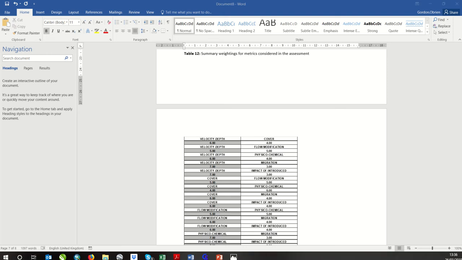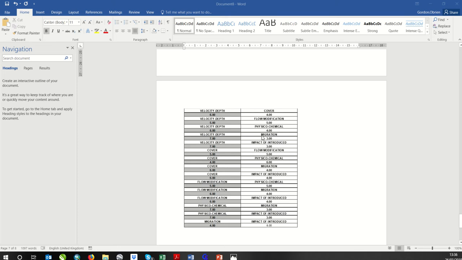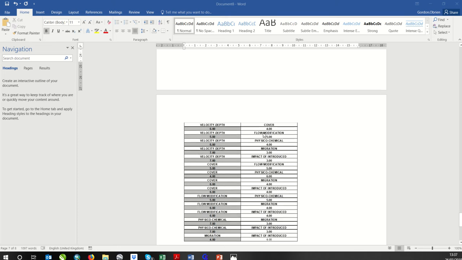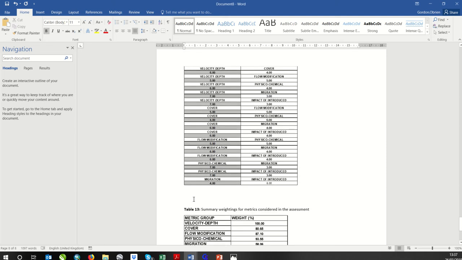Give me a second. Okay, so in this case, what I've done is I've just put the different ratings, and I think the important ones to consider is why would velocity depth be more important than physicochemical quality? And I think here the weight of velocity depth rated slightly higher than water quality due to dilution potential.